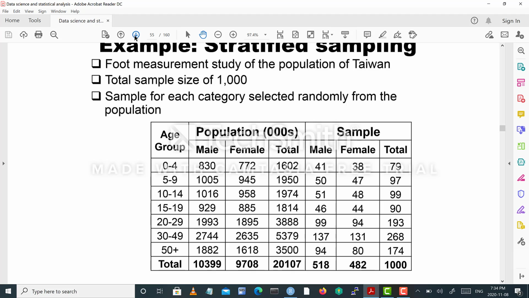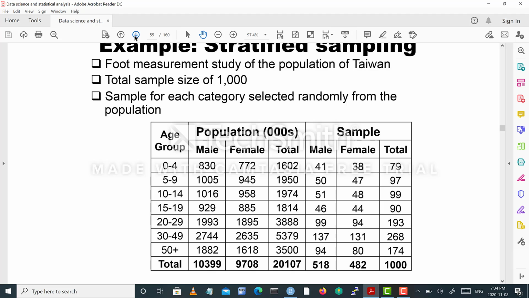Likewise, from the bottom one, ages 50 plus, which include 1882 male and 1618 female, we randomly select 94 from male and 80 from female.